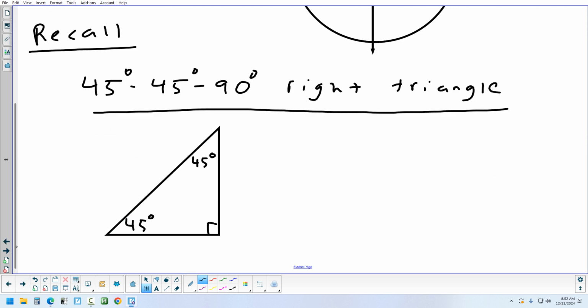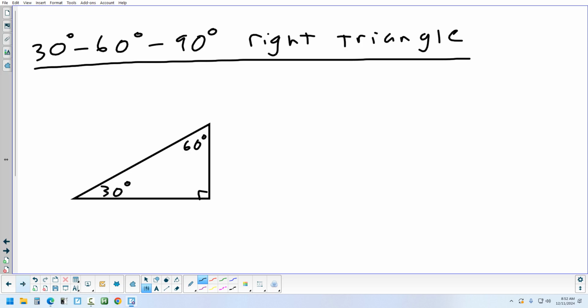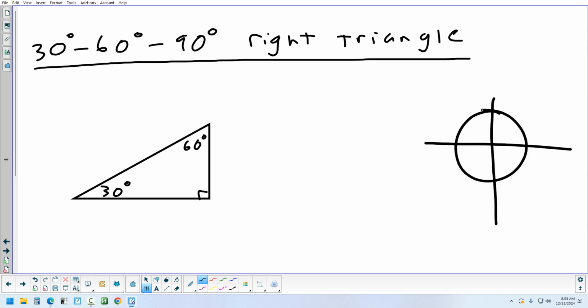All right, so we did the 45, 45. Let's look at the 30, 60, 90. So that triangle would have come from having a circle, putting a dot at the 30-degree mark, and then creating a triangle out of that.